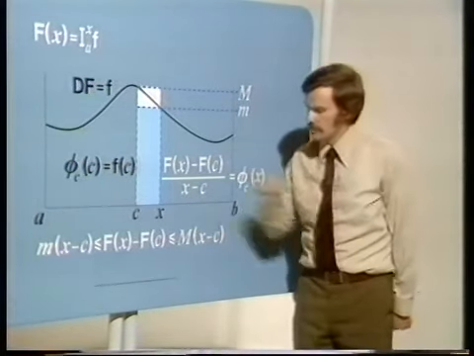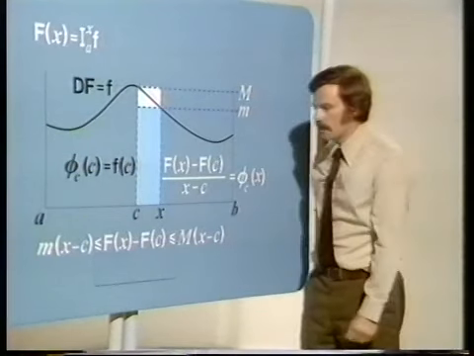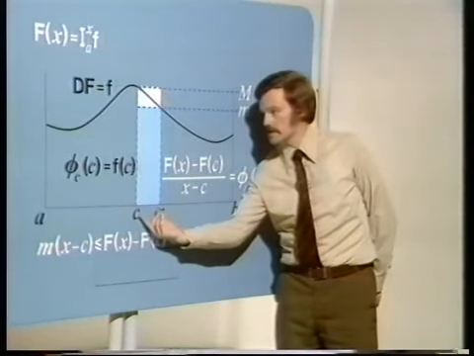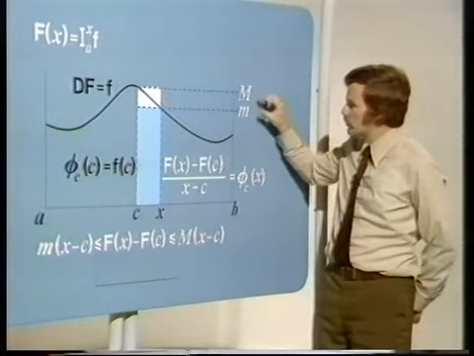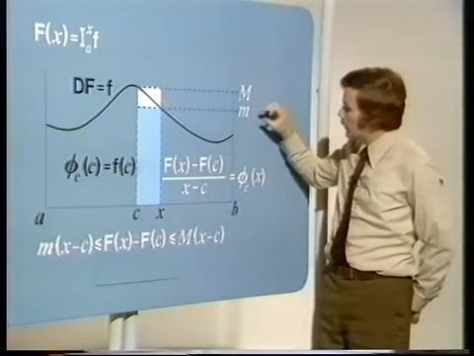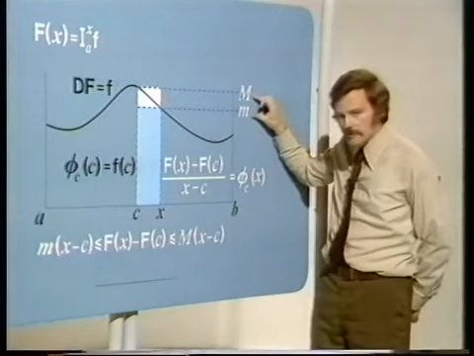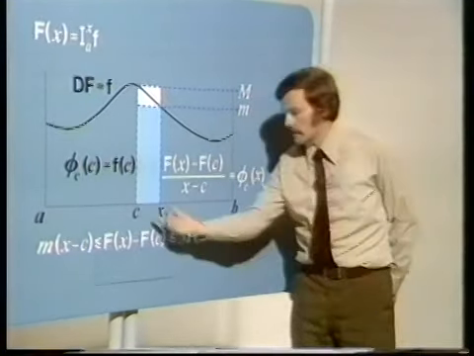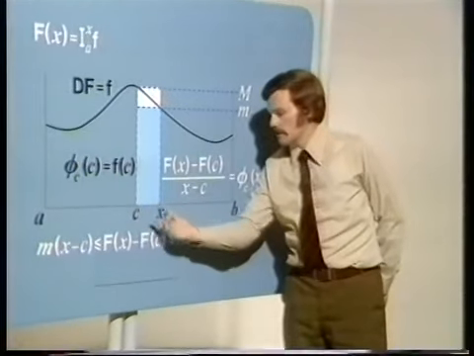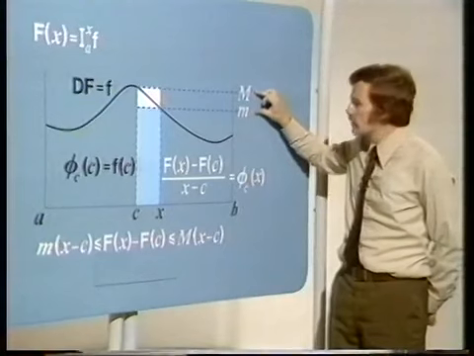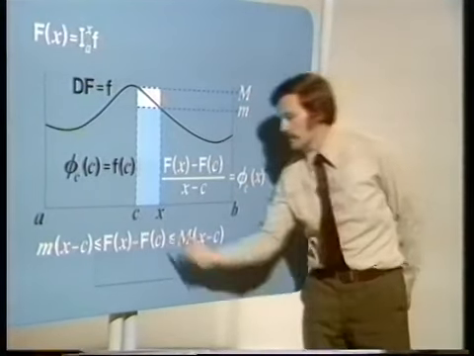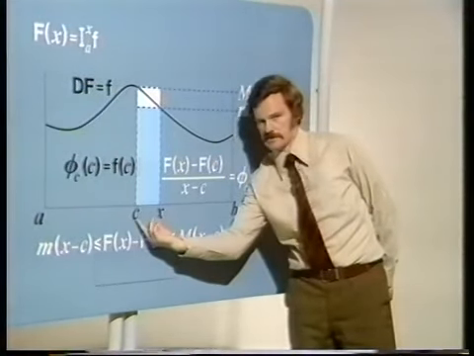Well, look at the argument we've already established here. On this interval, from c to x, we've seen that the values of the chord-slope function are trapped between little m and capital M, and little m and capital M are the bounds for the function little f on this interval. In other words, the values of the chord-slope function are contained in the least closed interval containing f of the interval cx.